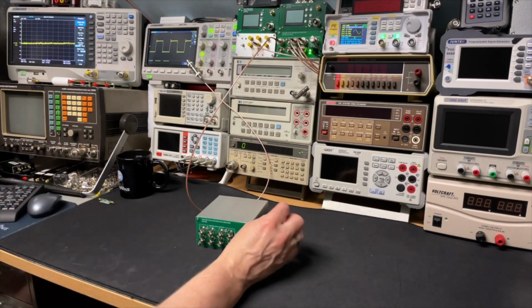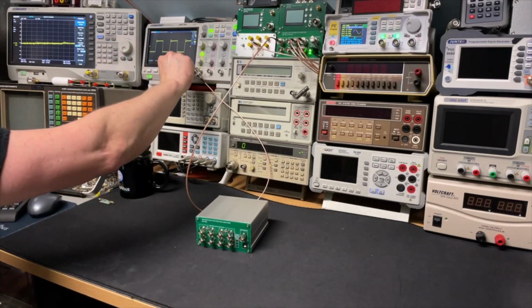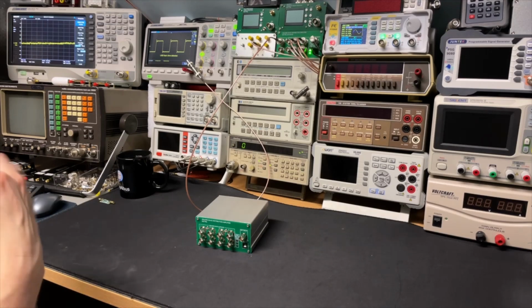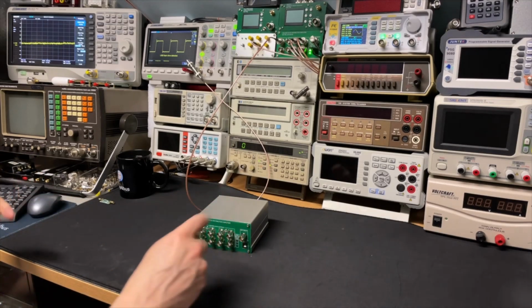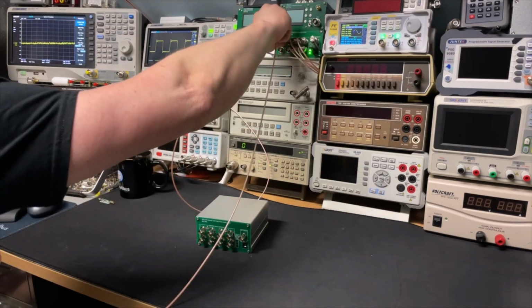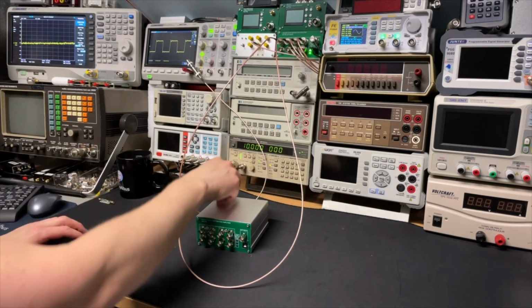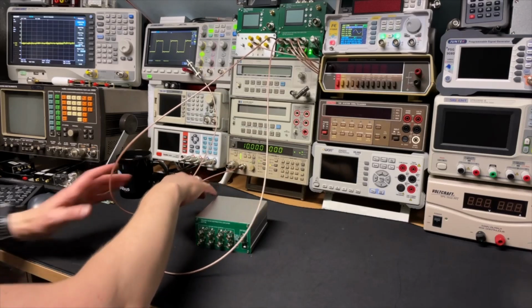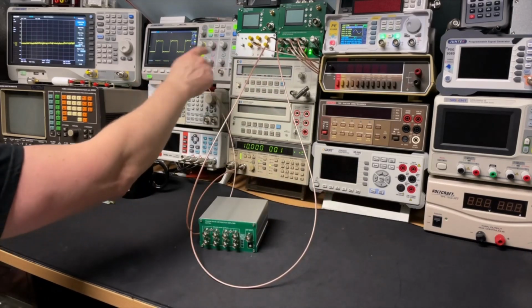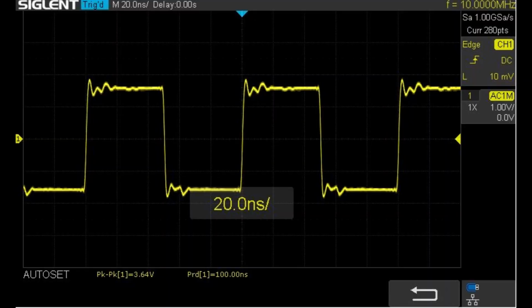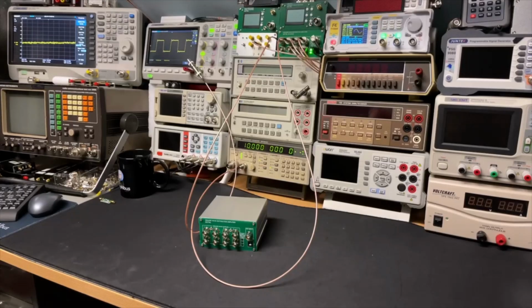Frequency. Okay, let me make a screenshot of this. Meanwhile, I get another cable. So you can see it is indeed 10 megahertz. Okay, print. And as you can see, it is a nice square.